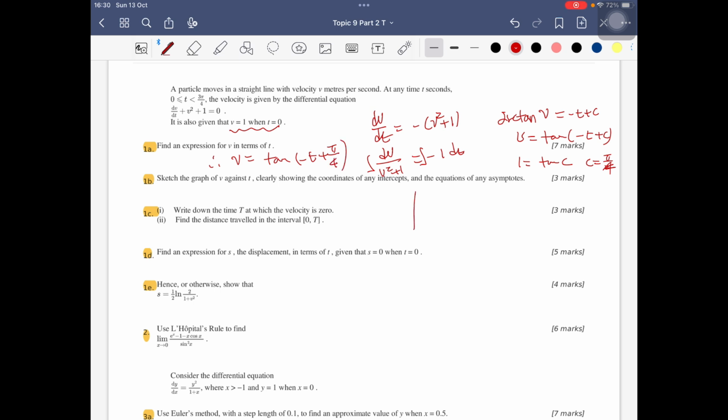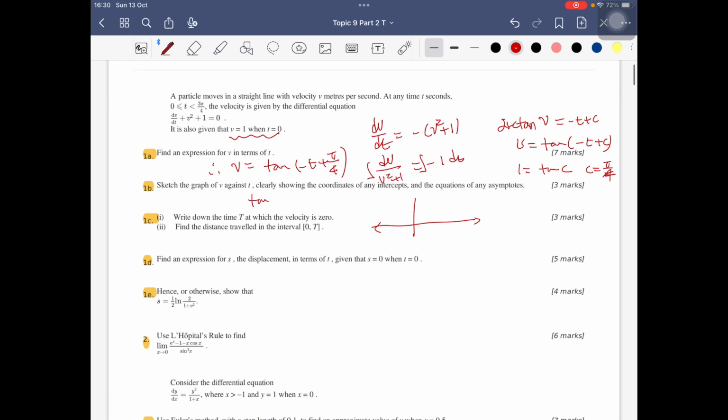So when we draw the graph, this is tangent of negative t plus pi over 4. So a reflection over the y-axis and pi over 4 units to the right. The original tangent graph, the parent function, is like this, with pi over 2 and 0.